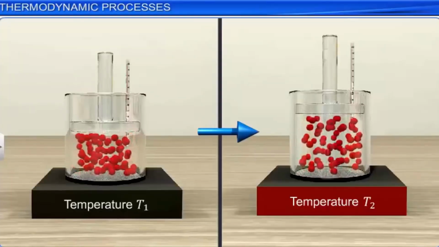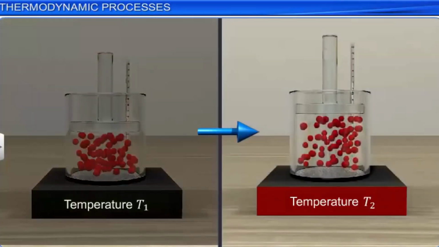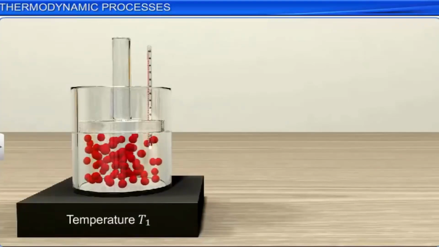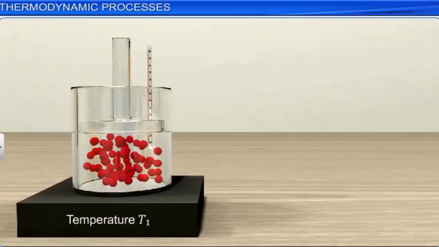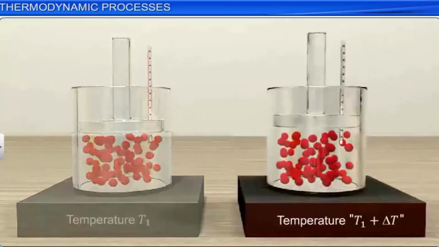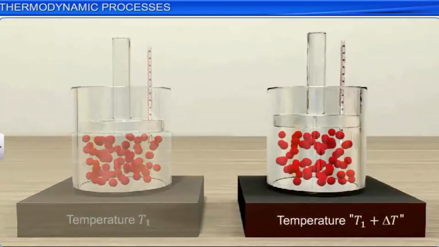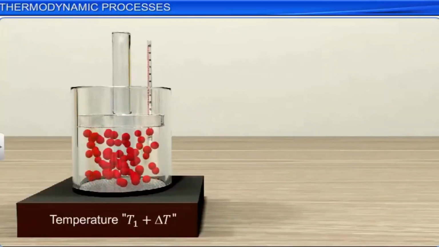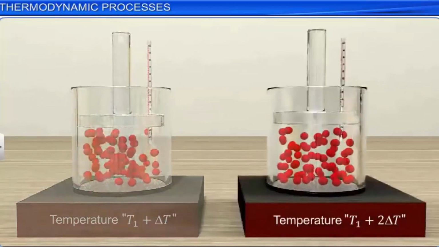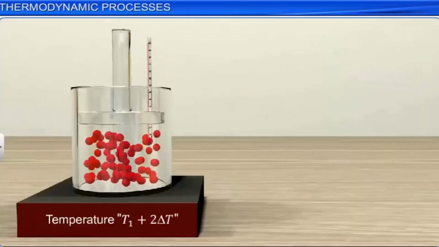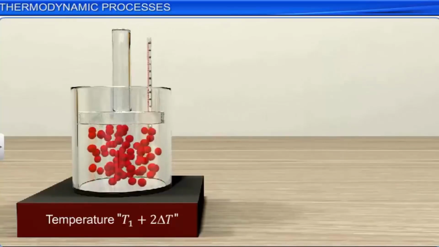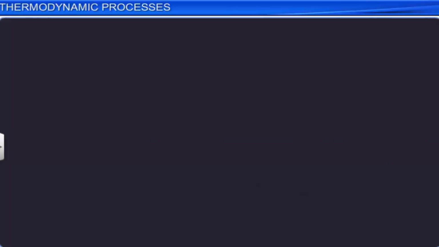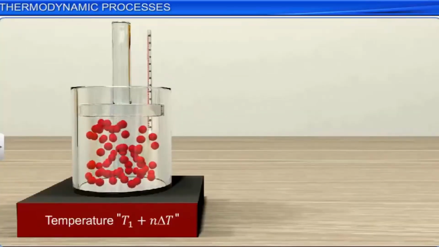This way, we see that at every stage, the gas is in mechanical equilibrium with its surroundings. In the same way, to change the temperature from T1 to T2 through a quasi-static process, the temperature of the surrounding reservoir must be changed by a small quantity, delta T. By choosing reservoirs of progressively different temperatures, the temperature of each varying by a small quantity delta T, we can take the temperature of the system from T1 to T2.